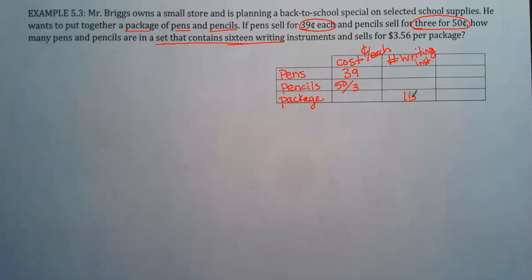We don't know how many pens and pencils, however. All right, but we do know that if we take the cost per each and how many there are, we're going to get our total. Okay. And we also know that this set sells for $3.56. So we know the total here.